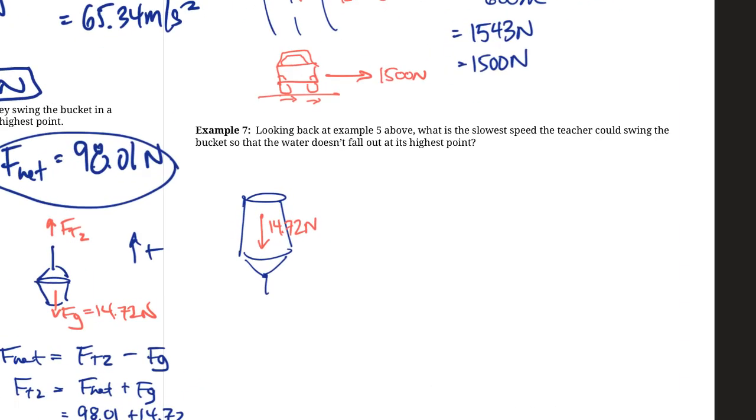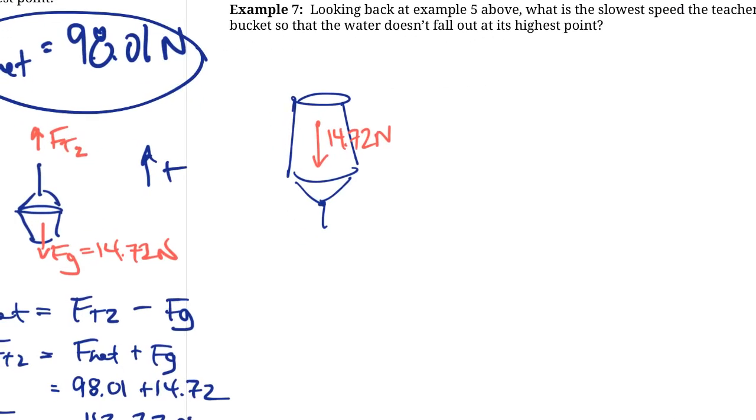So if you think about it, what do we want to happen at this highest point? What do we want this force of tension to be? Well, remember, we're trying to minimize the net force, and the net force is going to be the sum of these two things. So to minimize the net force, we need to get rid of this tension force.